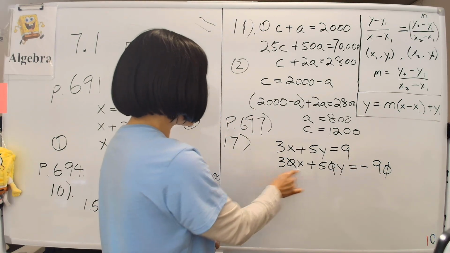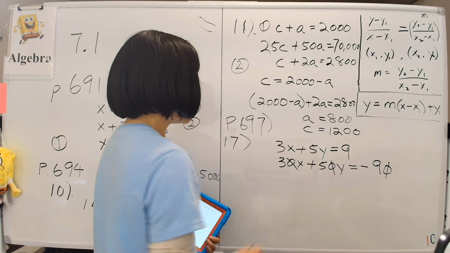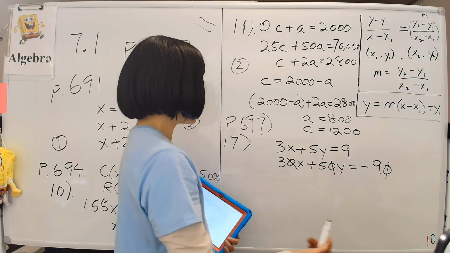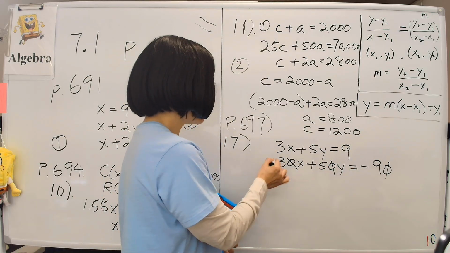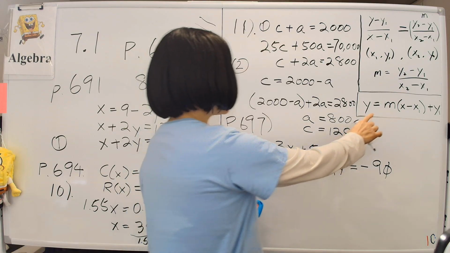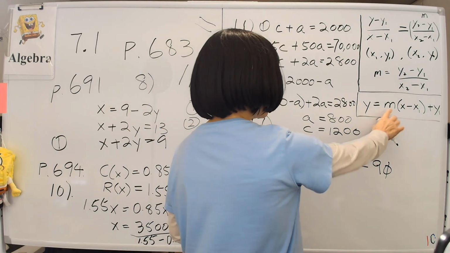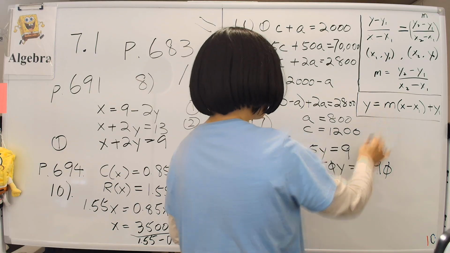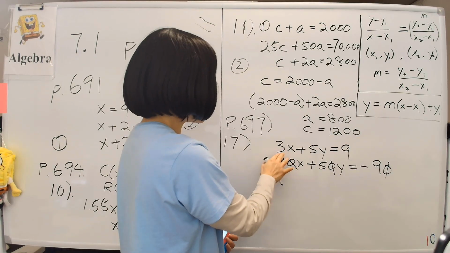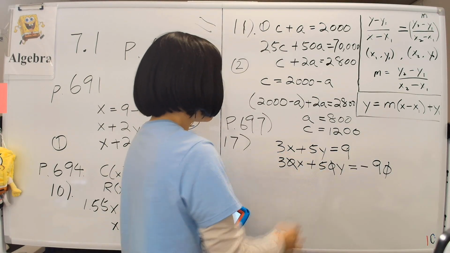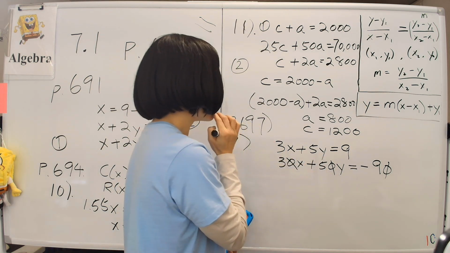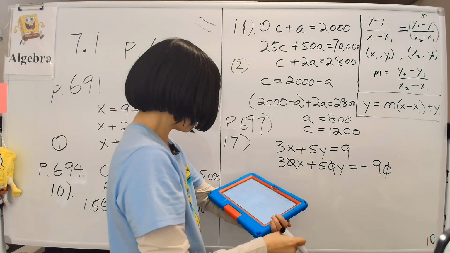But these are parallel. That means these two lines are parallel, but they equal different numbers, because they have the same slope. The same slope comes from corresponding numbers that are the same, because that's how you calculate the m. And so as a result, if these numbers are the same or proportionally the same, then these lines are parallel, and that means there's no solution to problem 17.